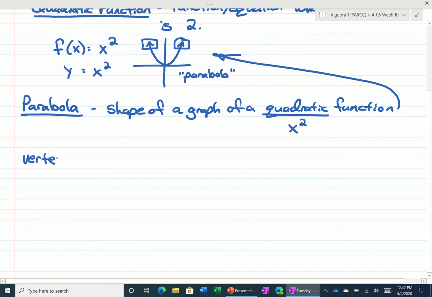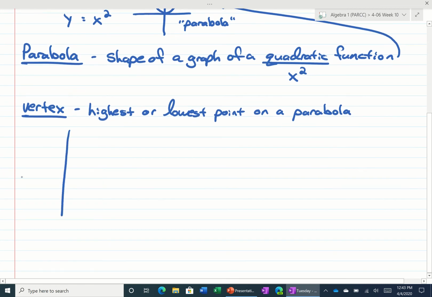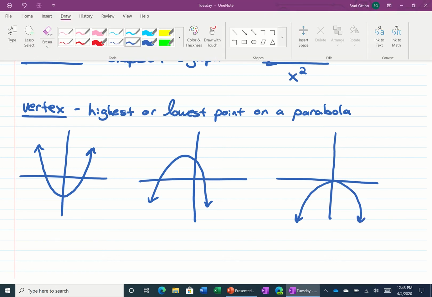Next is called vertex. What a vertex means is it's the highest or lowest point on a parabola. So for example, for these 3 parabolas, the vertex would be the highest or the lowest point on each.